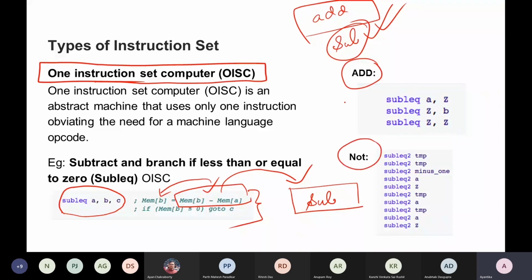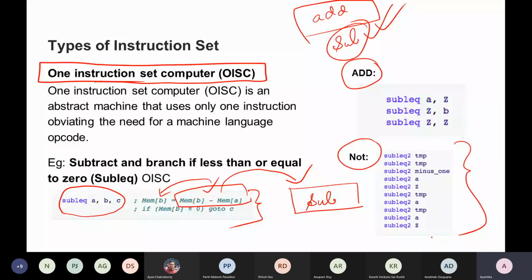Take your C operators as an example, and you can check how there are multiple steps, and by handling them in an intelligent way, you can implement all these kinds of instructions. In this class, we do not have much time to explain how all the instructions are realized by this one instruction set computer.